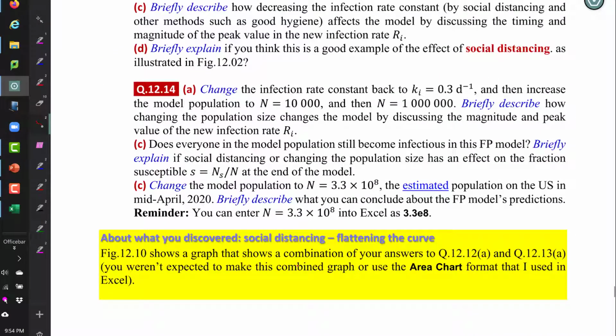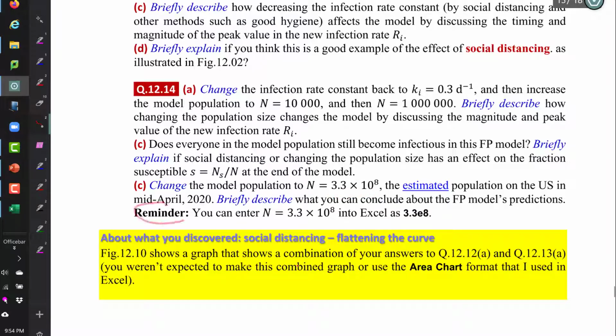The next part of the exercise is to change the number infectious. Now it's pretty straightforward, so I'm not going to go through that in this video. I'll leave that as an exercise. One of the things I do get you to do is to actually use the total number of the US population, which is a big number, right? It's 3.3 times 10 to the 8th, which you can enter.